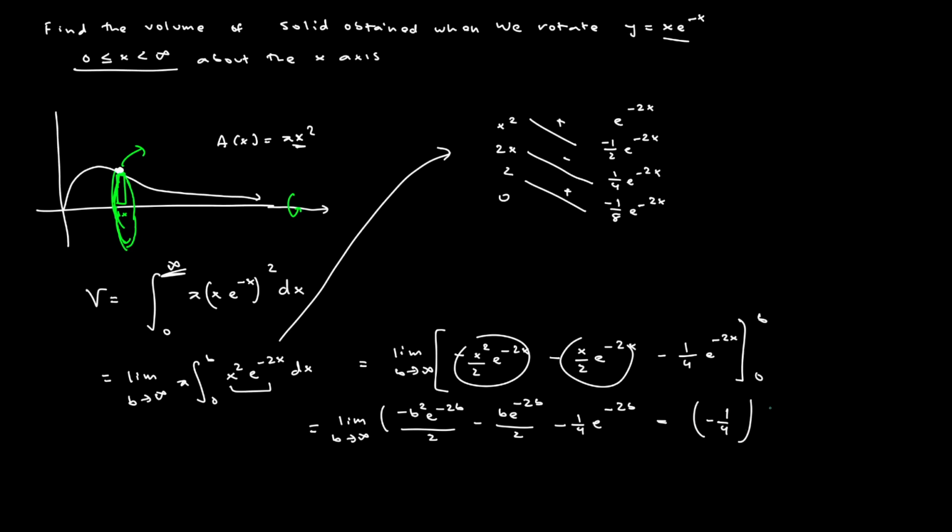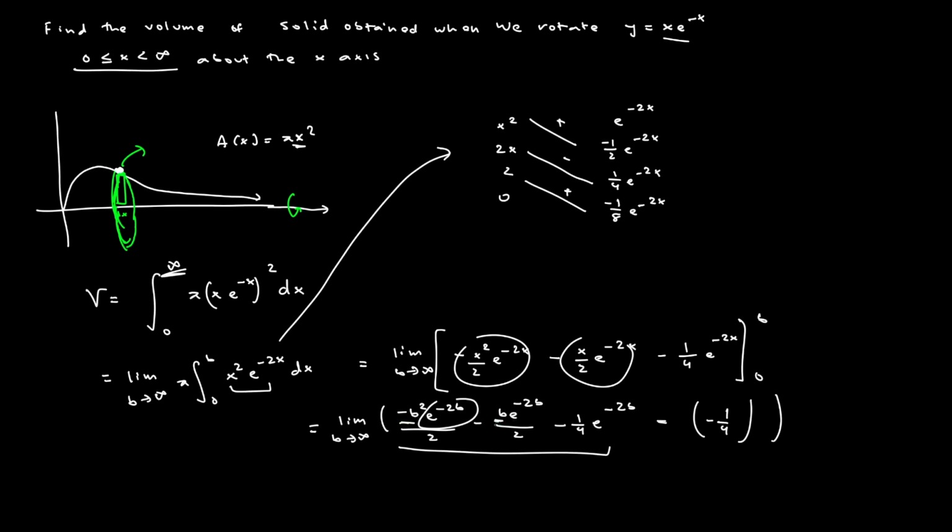And the question just remains to evaluate this under the limit. As b tends towards infinity, all of the terms with e to the negative 2b will tend towards 0, because e to the minus 2b decays faster than the power functions that it's attached to.